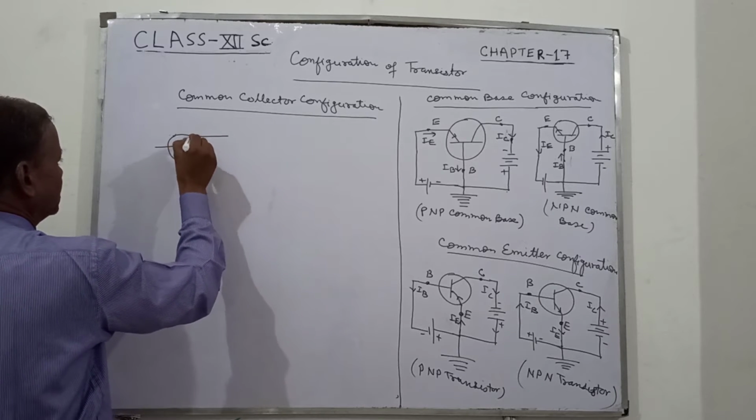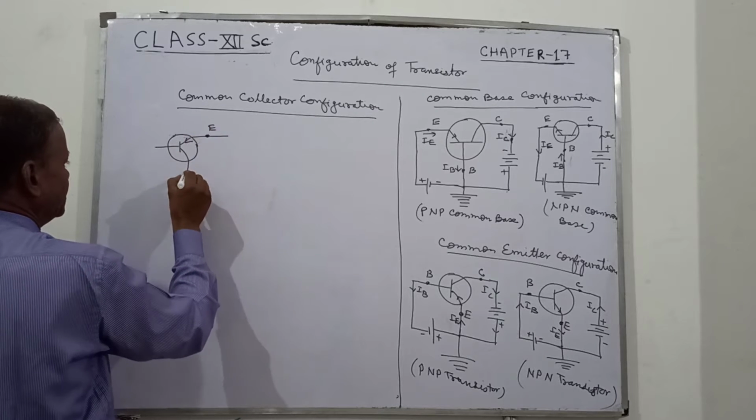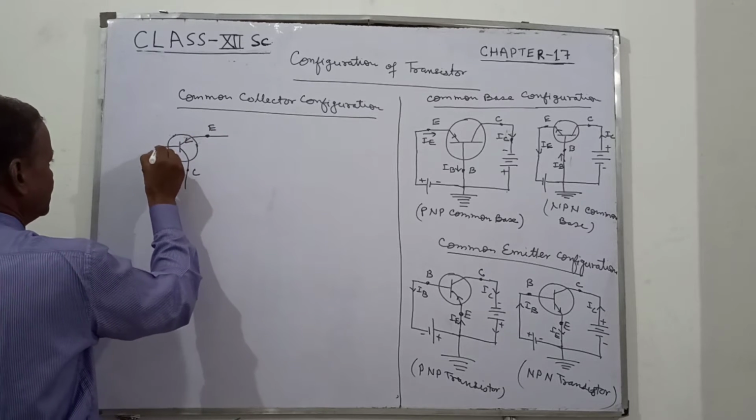This is the common collector, this is emitter, this is now collector, this is now base.